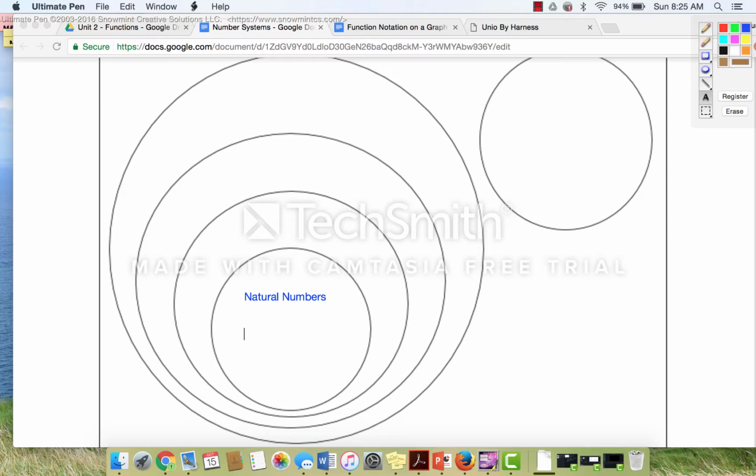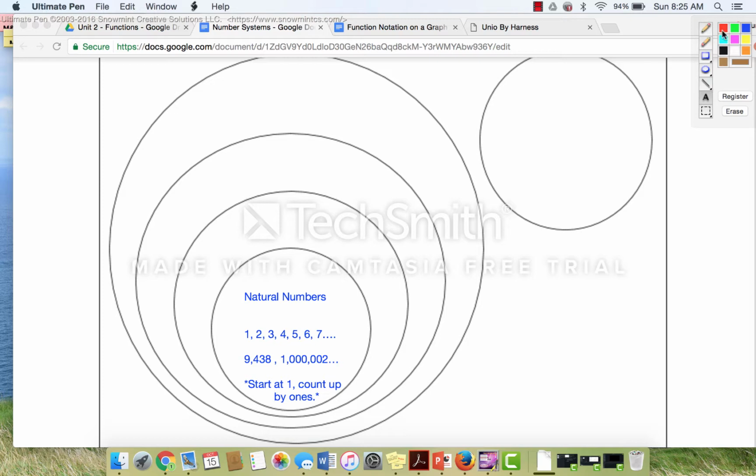And those are going to be numbers like 1, 2, 3, 4, 5, 6, 7, and so on and so on. That's going to include 9,438. It's going to include 1,000,002. Just any numbers where you keep counting up by 1. So start at 1, count up by 1s. So you could just keep adding 1 on.